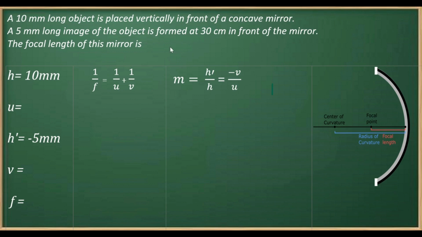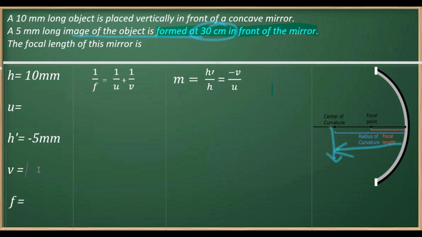Now continuing with other information, it says the image is formed at a distance of 30 centimeters. We have understood that it is on the left hand side of the mirror, so it should be taken as negative. The image distance is v, and v is negative 30.